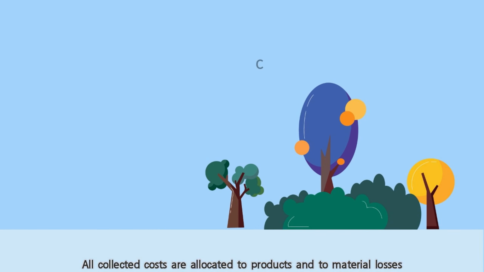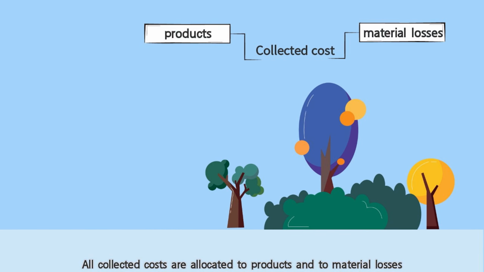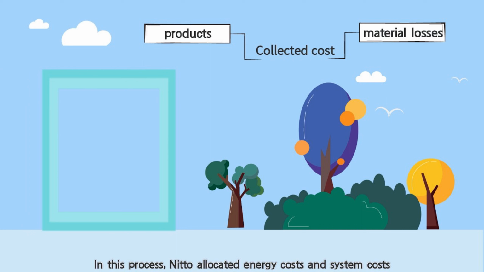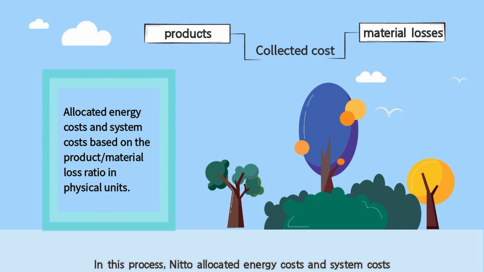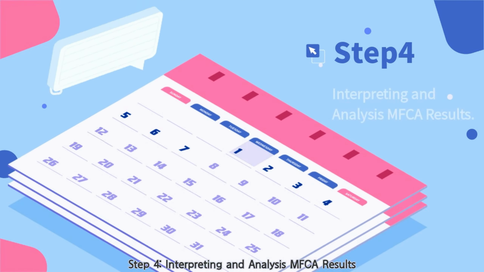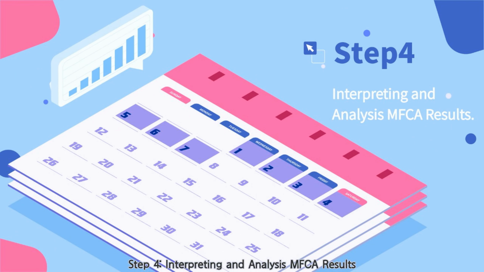All collected costs are allocated to products and to material losses, following the material flow obtained through the material balance. In this process, Nitto allocated energy costs and system costs based on the product or material loss ratio in physical units. Step 4. Interpreting and analyzing MFCA results.